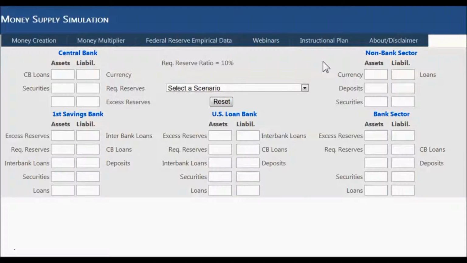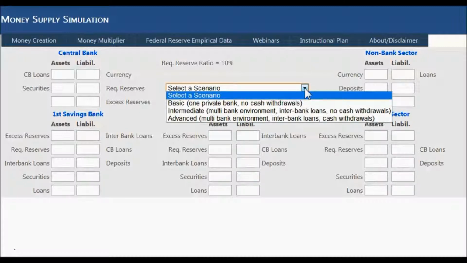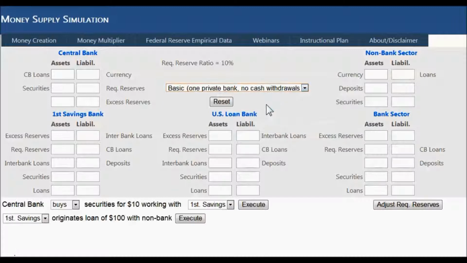The best way to learn how to teach with a money supply simulation is to see it in action. The instructor in the classroom chooses a basic scenario with one bank and no cash withdrawals. And we see two actions here, and one of them says the central bank buys a $10 security from First Savings.